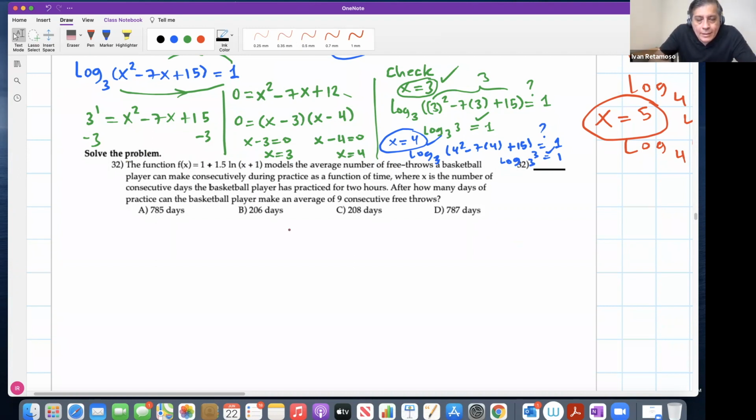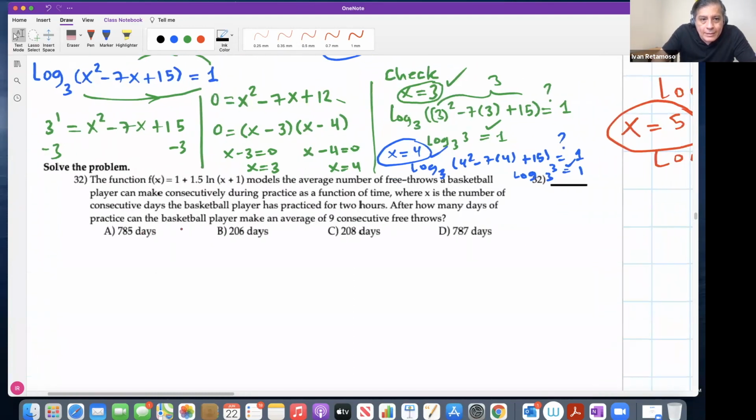I will ask you to solve it first if you can, and then I will go over it. It says the function f of x equals 1 plus 1.5 times natural log of x plus 1 models the average number of free throws a basketball player can make consecutively during practice as a function of time, where x is the number of consecutive days the basketball player has practiced for 2 hours.